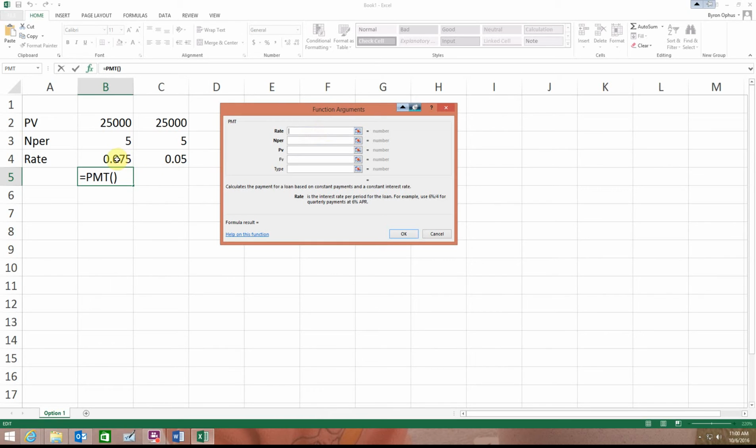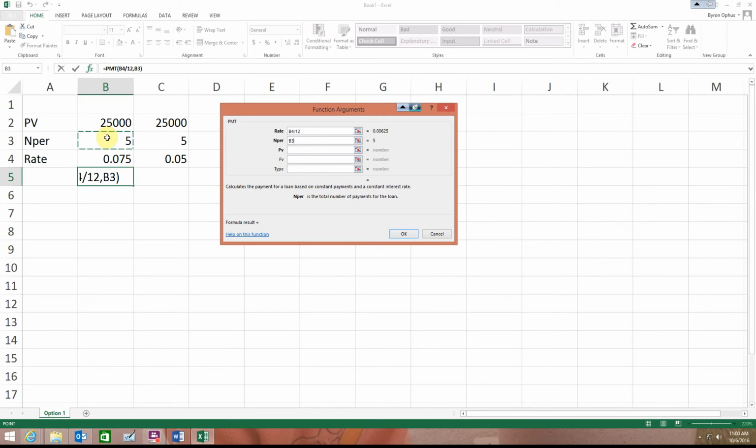You could do it in this cell, or you can do it right here. I've got 0.075 or 7.5%, and I can reference that and then divide by 12, because I have to turn my rate into a monthly rate. My number of periods, well, this is years as well, so I have to turn that into monthly.